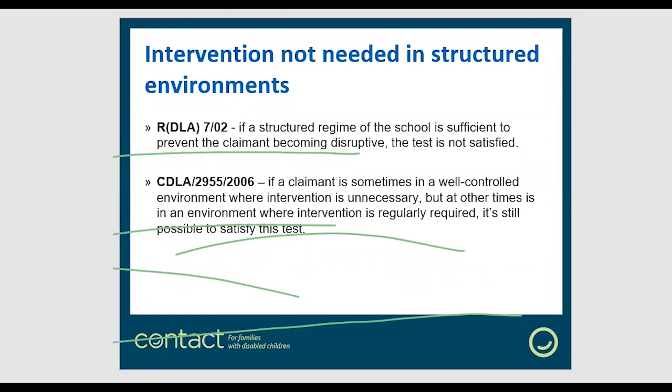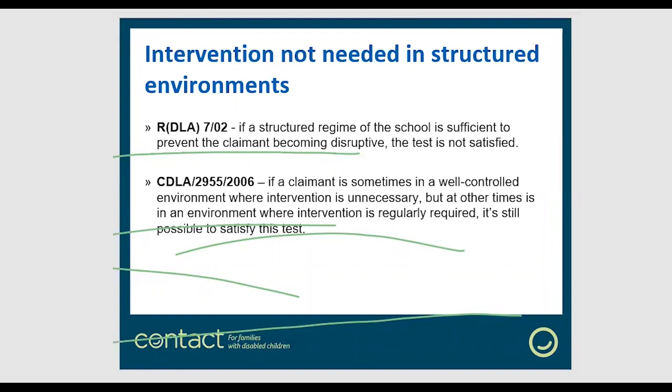So it's still possible to argue that your child meets the SMI test, even if their behaviors are much less pronounced in a highly structured environment like a school. But there is a risk that a decision maker or a tribunal might not award because they might prefer the stricter interpretation. This is an area where there's a lot of disagreement and a lot of dispute in tribunal decisions about how it should be followed.